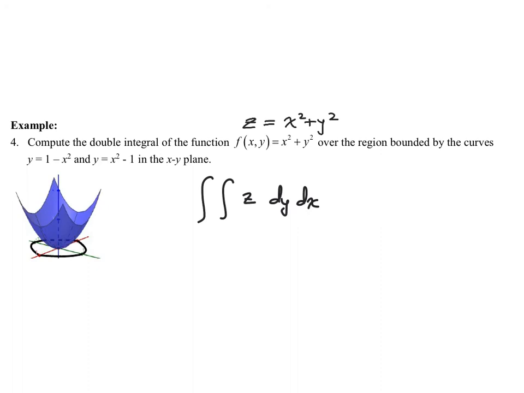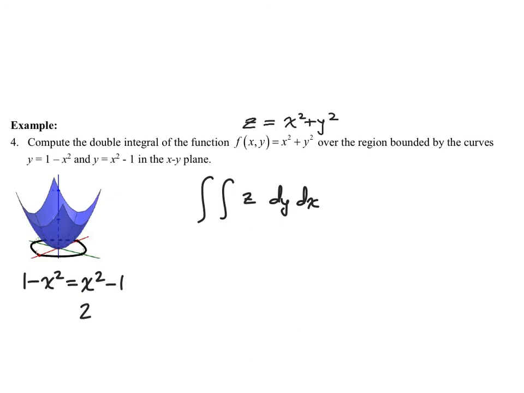So what I'm going to want to determine is what the relationship is between these two parabolas, because definitely they're opposing parabolas in order to capture that bounded region. So I'm going to need to find the intersection of those two. So I'm going to set the y function of 1 minus x squared equal to the other y function, x squared minus 1, and solve.